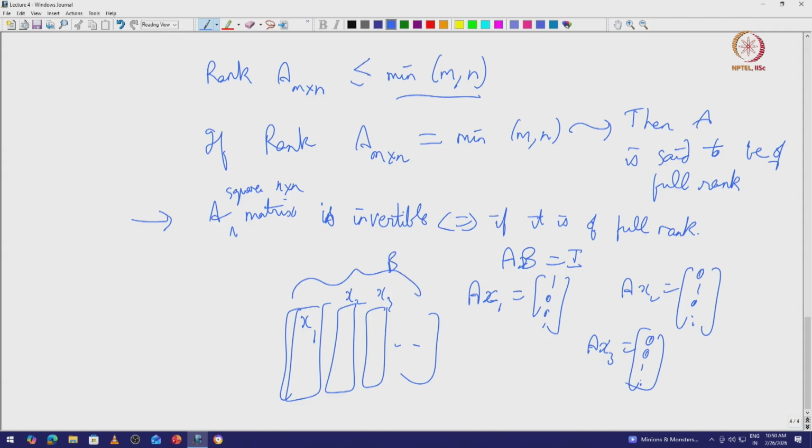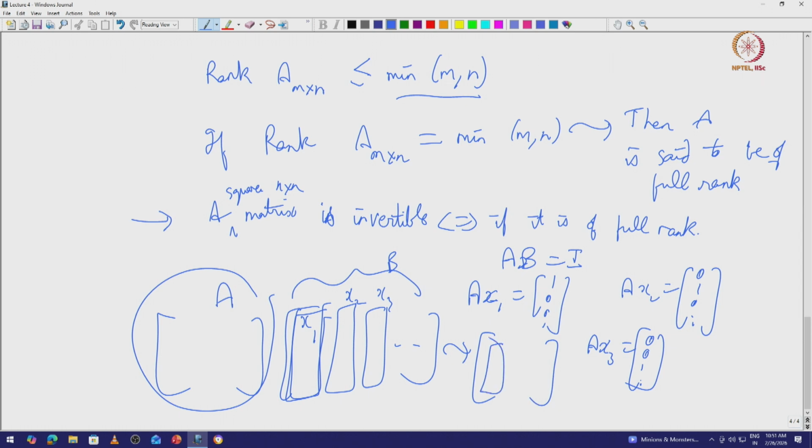Indeed, how does matrix multiplication work? This matrix multiplies this column to give you the first column of the new matrix. This matrix multiplies the second column to give you the second column of the new matrix, and so on. And if this is 1, 0, 0, this is 0, 1, 0, 0, this is precisely the identity matrix.